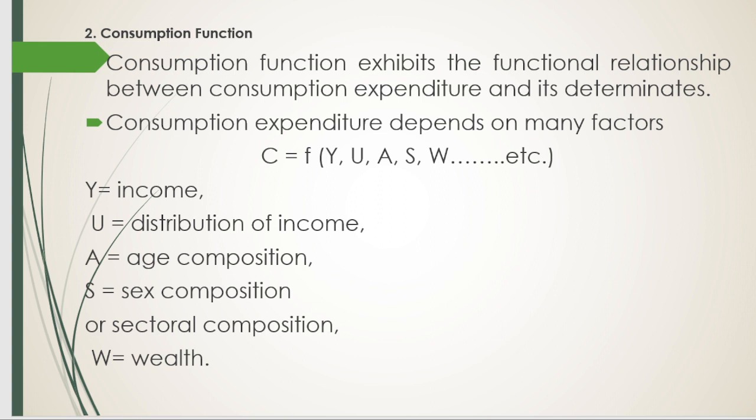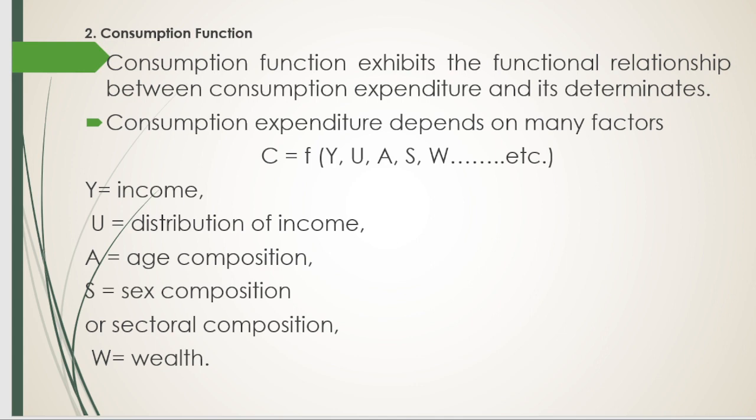Then sex composition, the number of males, females, and different genders existing in the economy. Then sectoral composition also impacts consumption expenditure, for example whether the rural sector is higher or the urban sector is higher. And the amount of wealth in the hands of the people also impacts consumption expenditure.